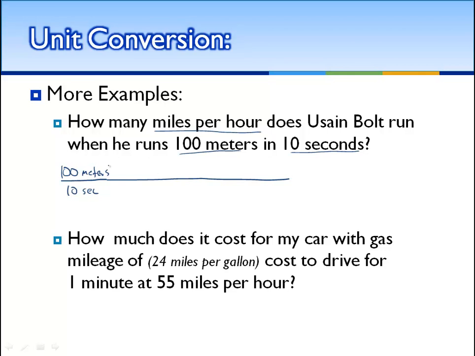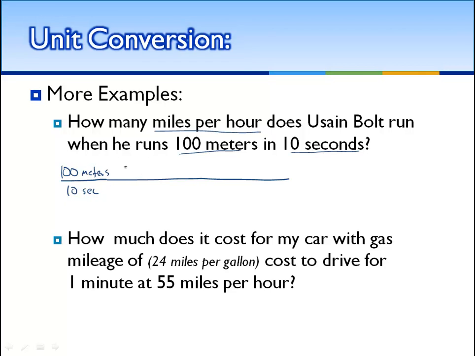So to convert from seconds into hours is simple enough. We've done that one a little bit before. There are 60 seconds in a minute and 60 minutes in an hour, so that suggests I'll need to use 2 unit fractions. Let's write the 60 seconds into minutes, and specifically I need to write the one with seconds on top because seconds was on bottom, and I want seconds to cancel out.